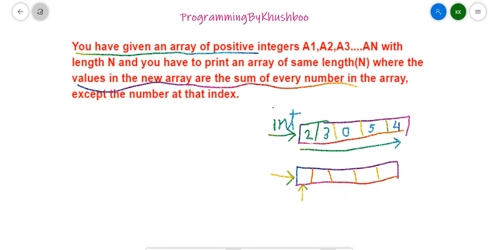So if these are the indices 0, 1, 2, 3 and 4, the length of the array is 5, and this is our output result of the same length. We need to print the summation of every element of the first array except at that index.